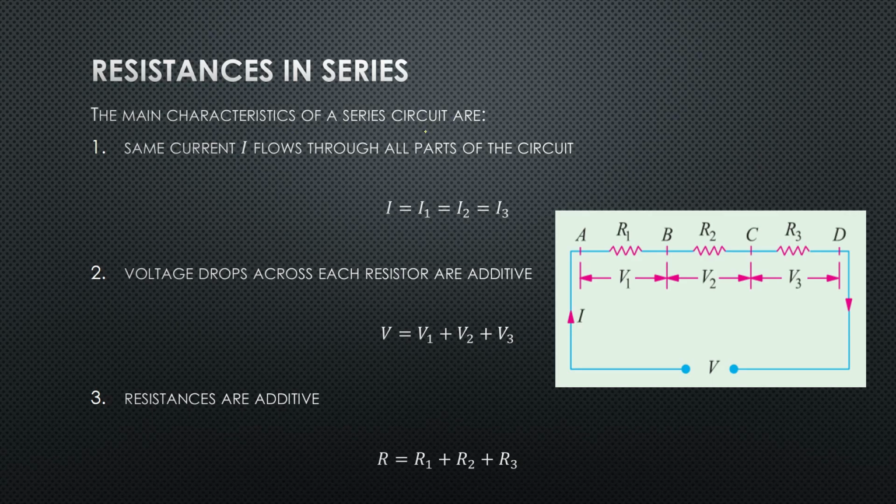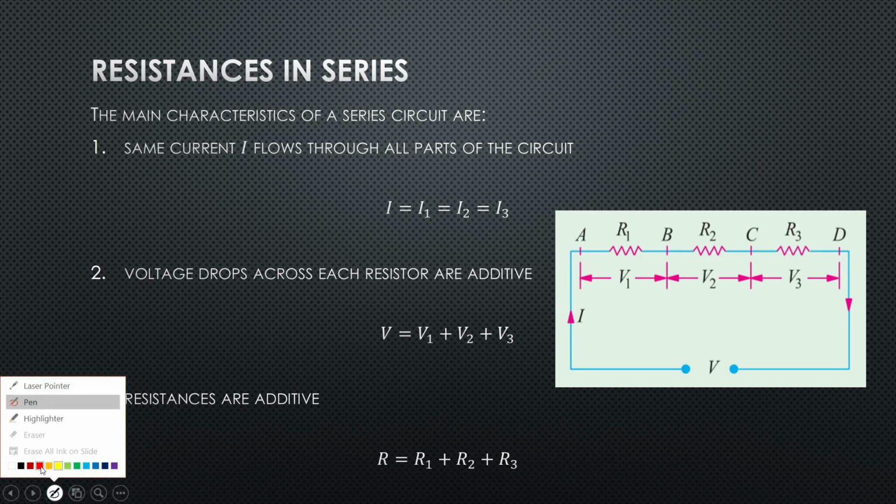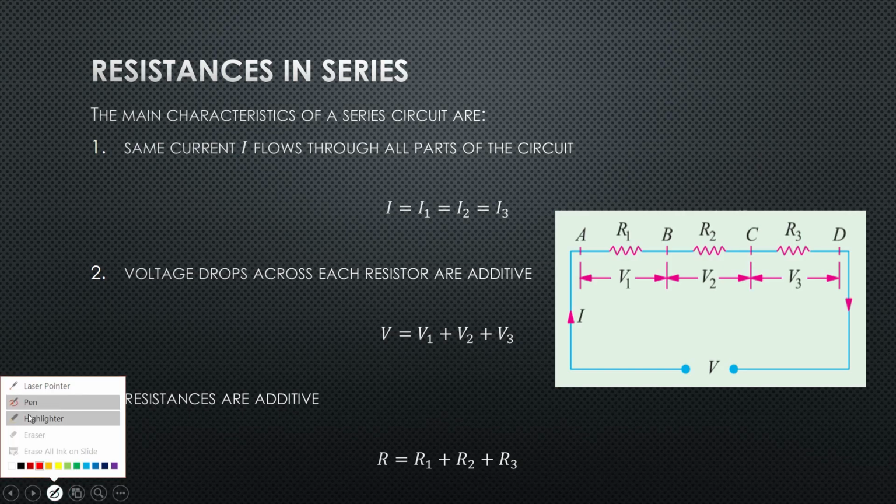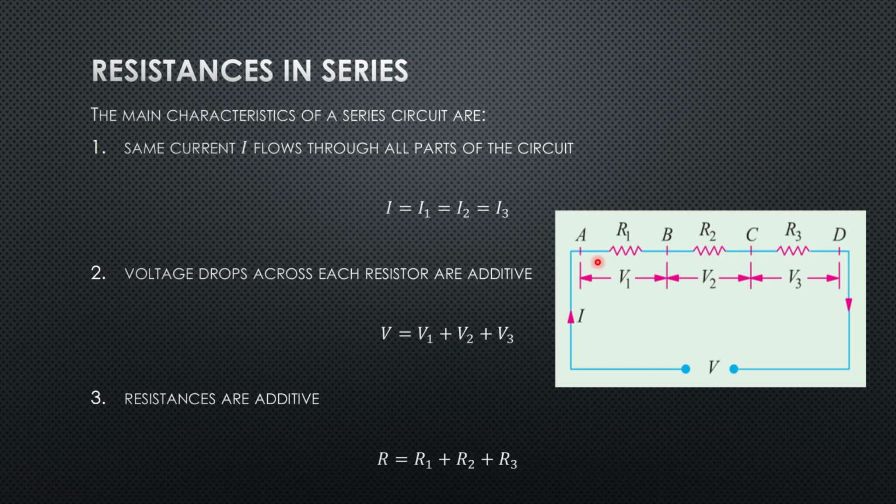In series circuits, resistances are connected in series when they are connected from end to end, and there is a continuous path, as you can see here. There are no intersections in between.